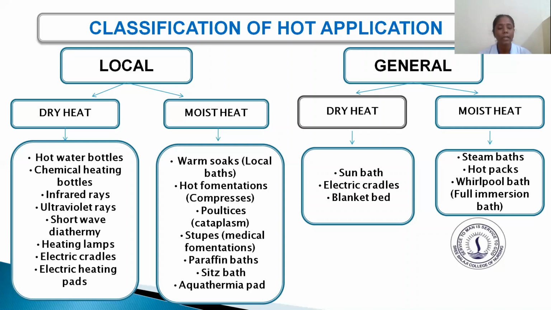Then another one is electric cradles or electric heating pads. The electric current is passed through the pads or the cradles. The cradle or the pad is applied over the dry or moist area of the skin. That is called an electric cradle or electric heating pads.